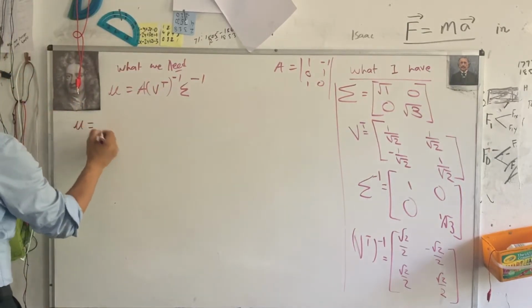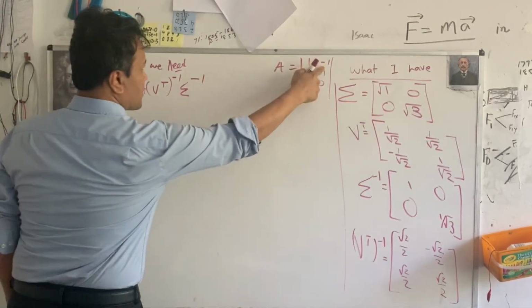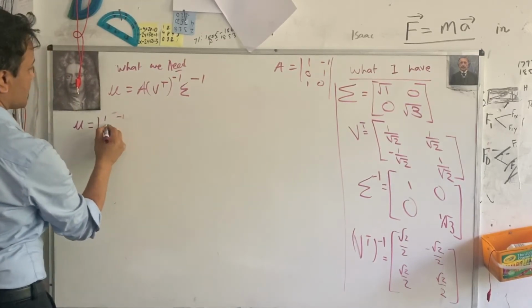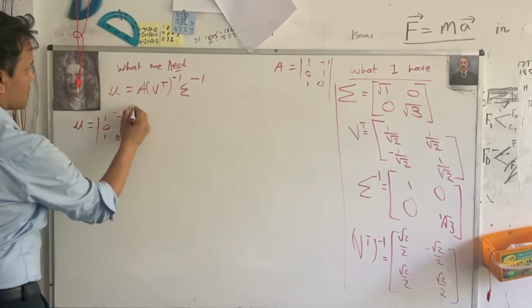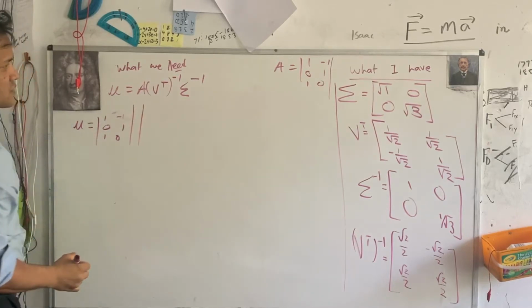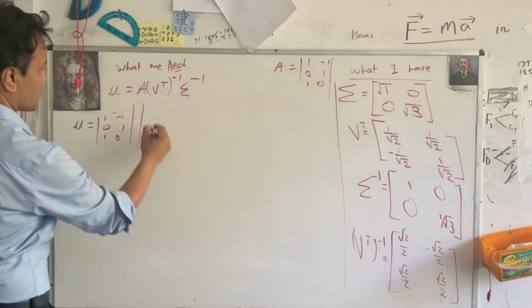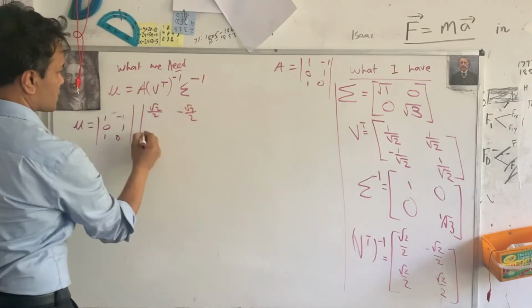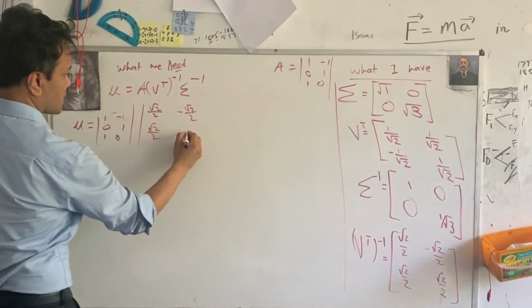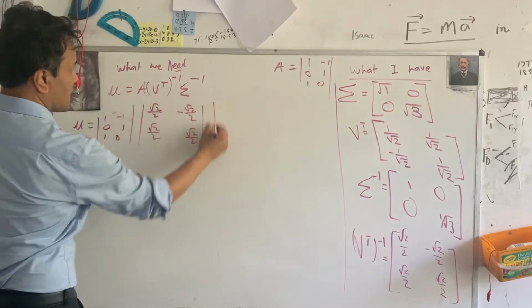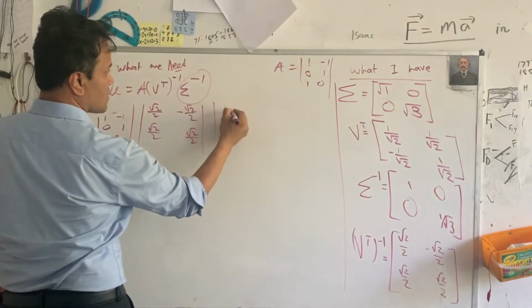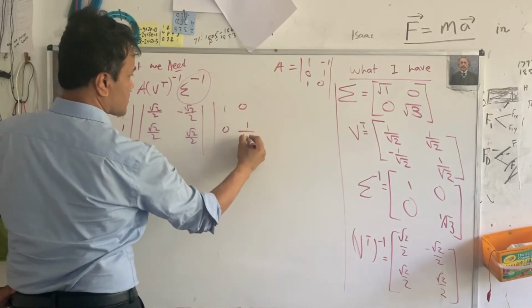So A is 1, minus 1, 0, 1, 1, 0. V transpose inverse, we have square root of 2 over 2, minus square root of 2 over 2, square root of 2 over 2 and square root of 2 over 2. And sigma inverse is 1, 0, 0, 1 over square root of 3.